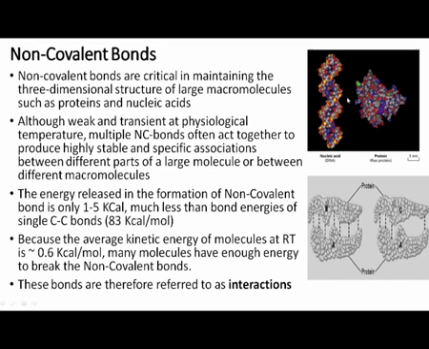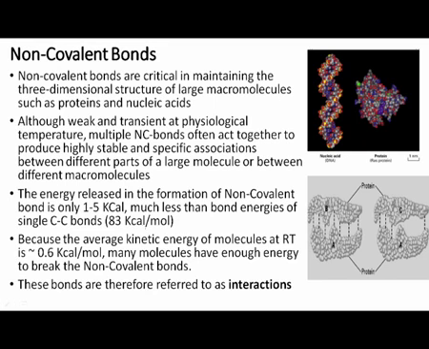Each one of these one or two non-covalent bonds may be very, very low in their energy, but then it forms so many of them that the total energy of these interactions is enormous. So, for example, the energy released in the formation of a non-covalent bond is only about 1 to 5 kilocalories per mole, which is less than the bond energy of a covalent bond like the CC bond, which I just now showed in my previous slide, as about 83 kilocalories per mole.